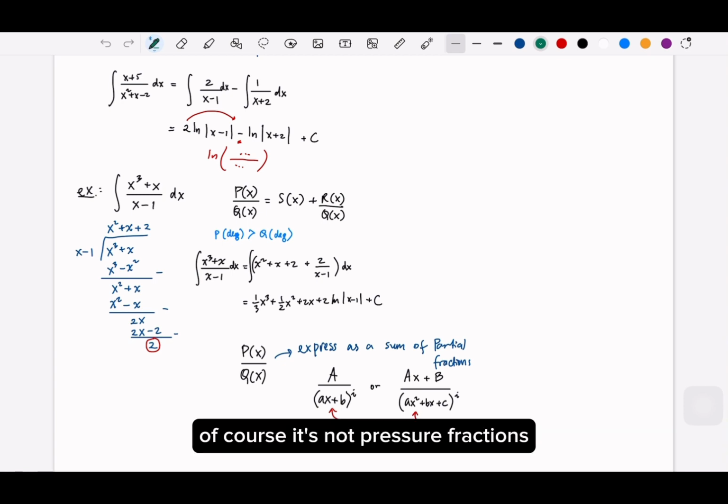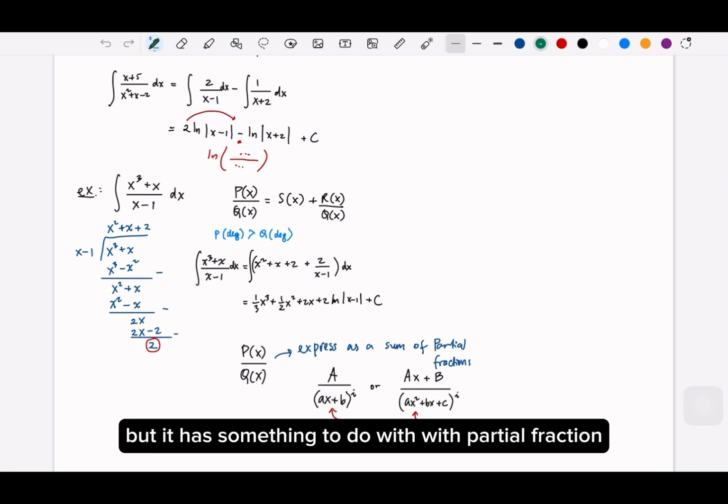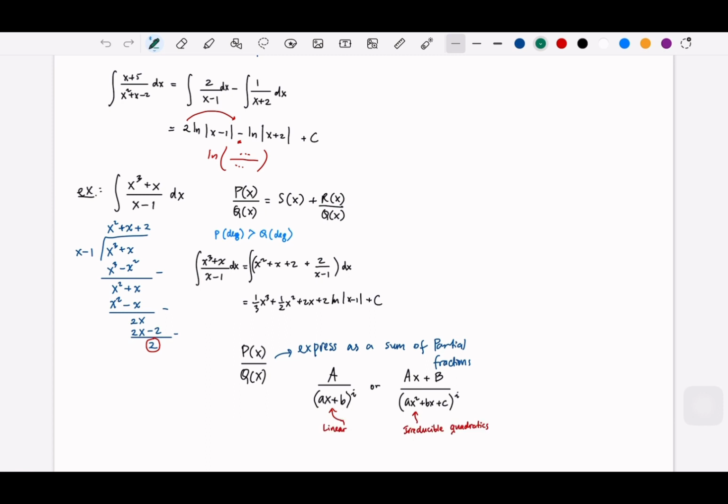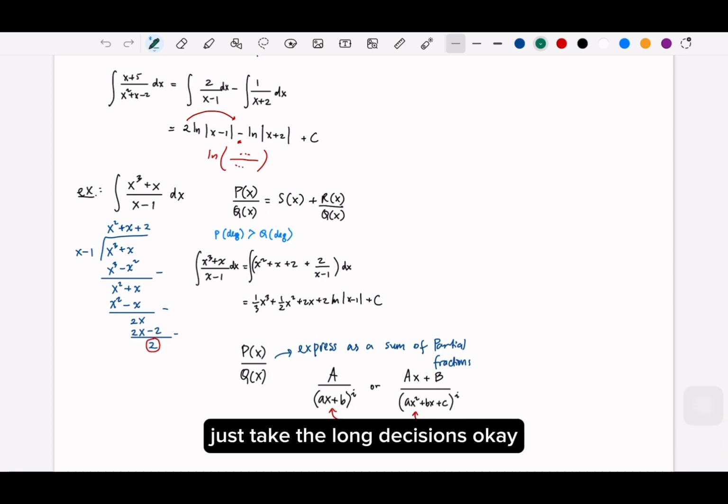Of course, it's not directly partial fraction, but it has something to do with partial fraction. This has a cube and this is linear, so let's rearrange the structure as in polynomial. Like we have polynomial division, if you remember, we just take the long division.